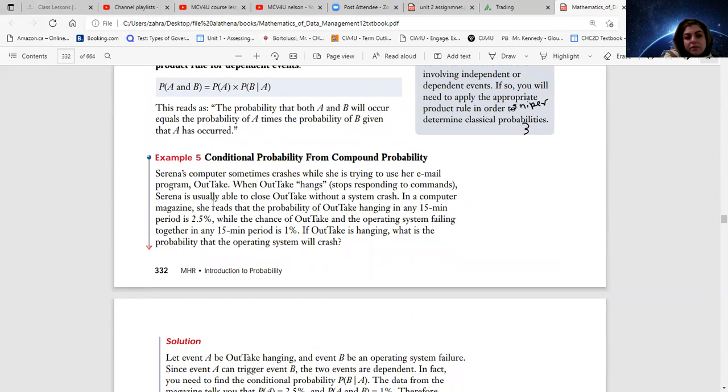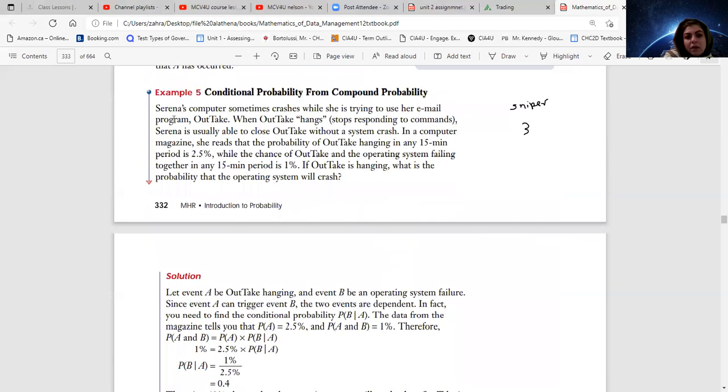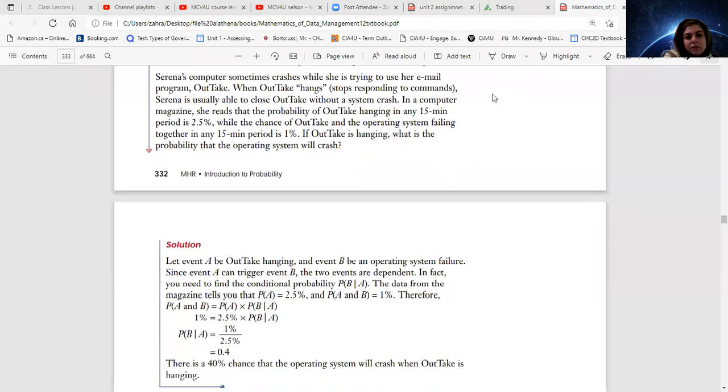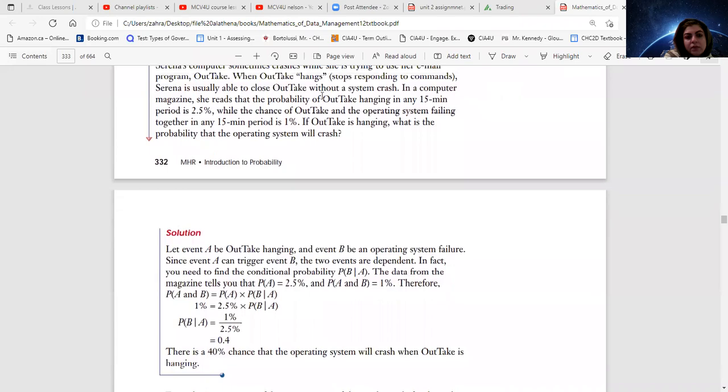Now, conditional probability for compound probability. Let's just do that. Serena's computer sometimes crashes while she's trying to use email. Outlook hangs, stops responding, and she is able to close Outlook without a system crash.